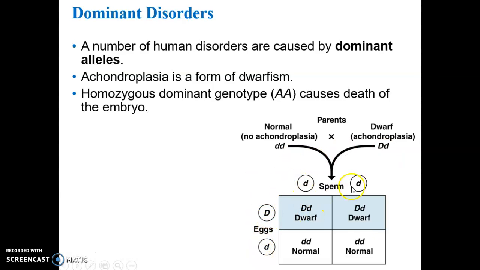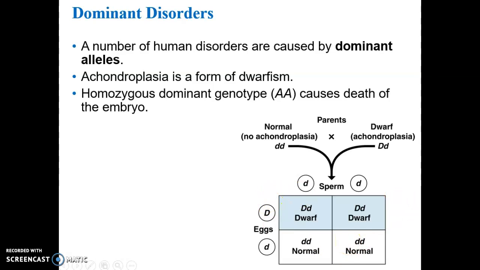So just match the gametes together in a Punnett square. 50% will have the condition, the phenotype. 50% will have the genotype of heterozygotes. 50% will be normal, and 50% will have the homozygous recessive genotype.